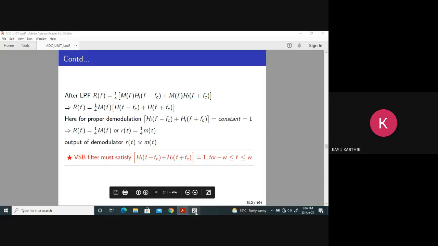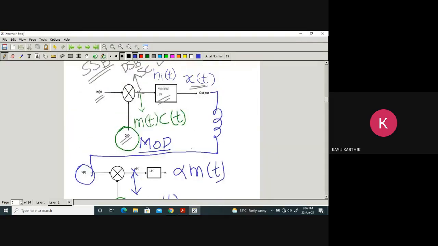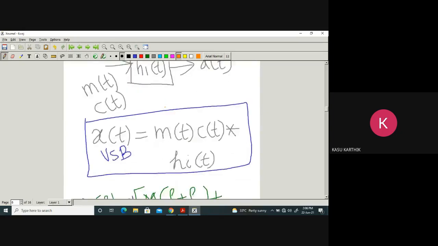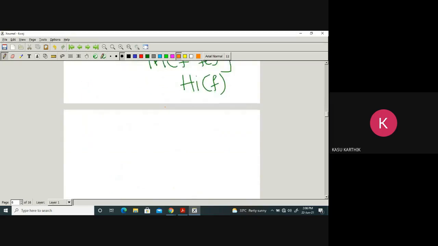That's it. So this is a modulator, and we are just using a filter here. This is called the VSB filter. This filter should satisfy what condition? If Hi of t is the impulse response of the filter, obviously its Fourier transform is Hi of f.